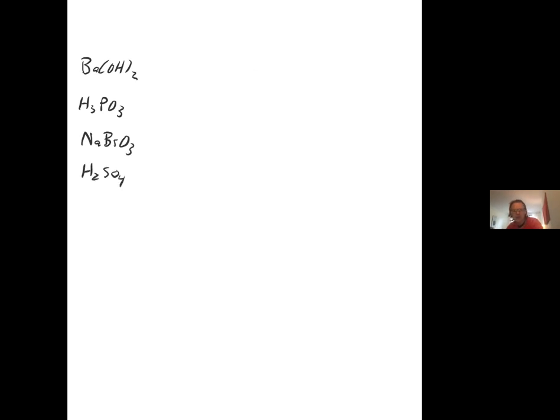And then again, our categories are ionic, molecular, acid, and base. Okay, so let's look at the first one. First one, very clear it's a base, right? You've got one of the group 2A metals. So that's a group 2A metal with hydroxide.